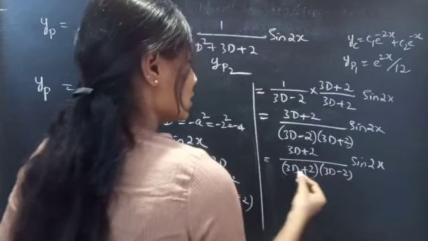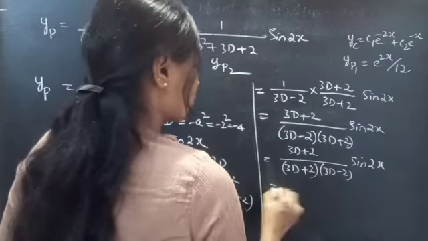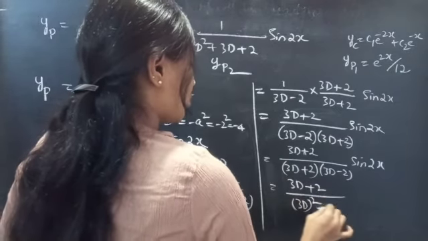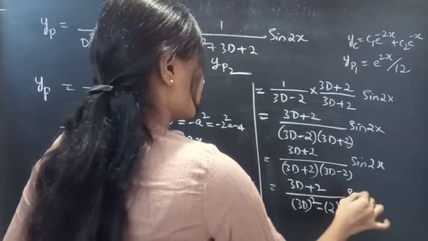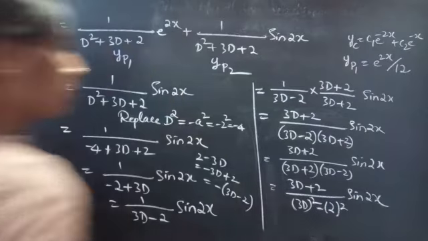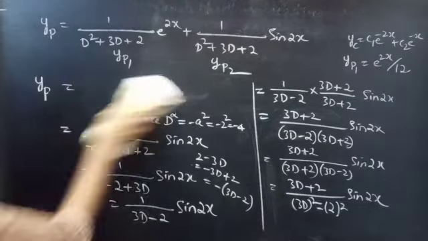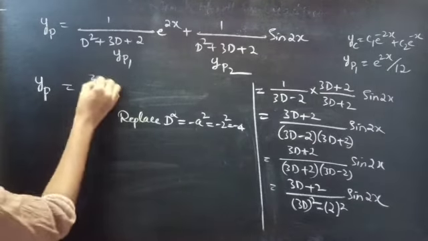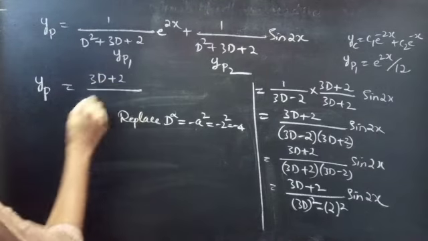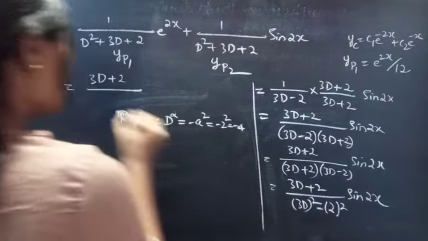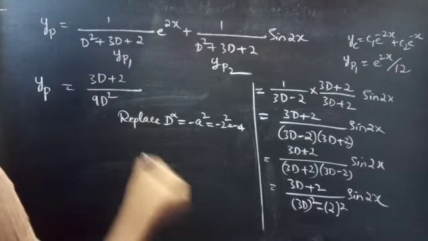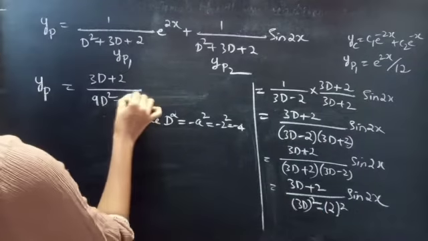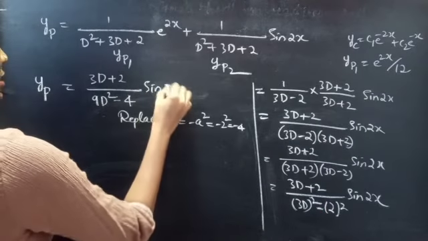The denominator is in a plus b into a minus b form, which is a square minus b square, right? Then you'll get 3D plus 2 by 3D whole square is 9D square, since 3 square is 9 and D square, right? Minus 2 square is 4, into sine 2x.